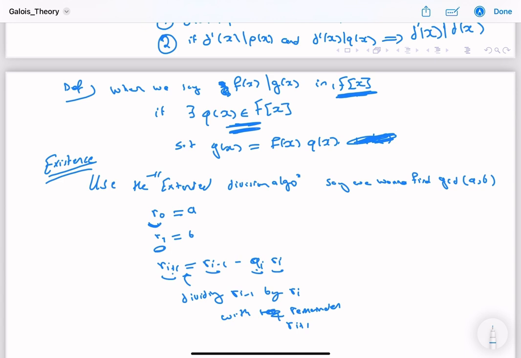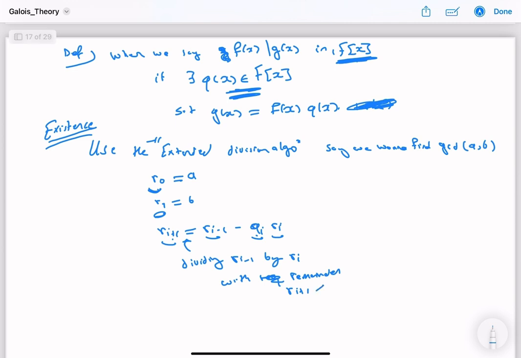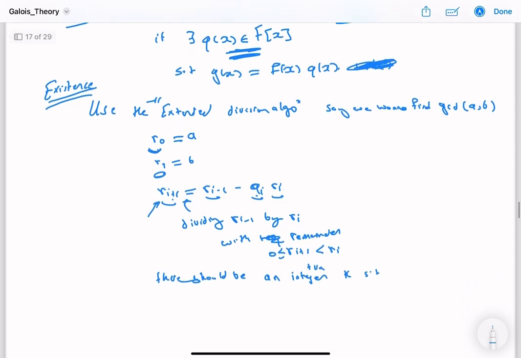And speaking of which, r i plus 1 in this case is going to be less than r i, and it's non-negative. As you see, the r i's are decreasing, but they cannot decrease forever, and thus there should be a positive integer k such that r k plus 1 is equal to 0.